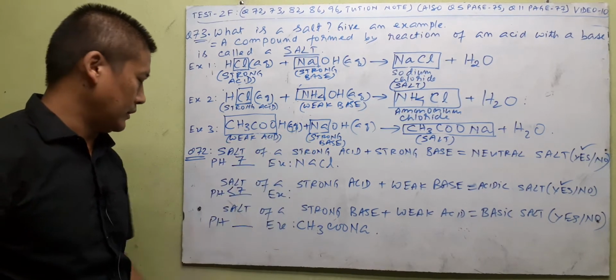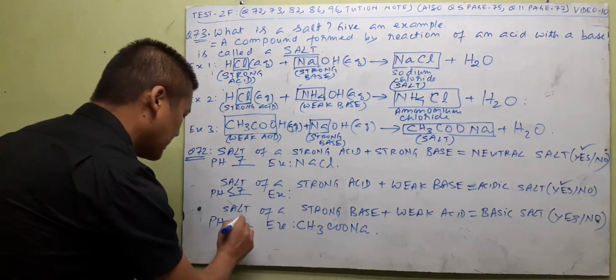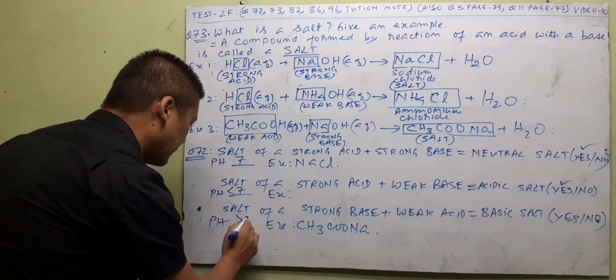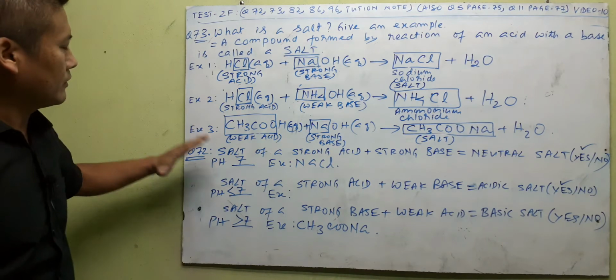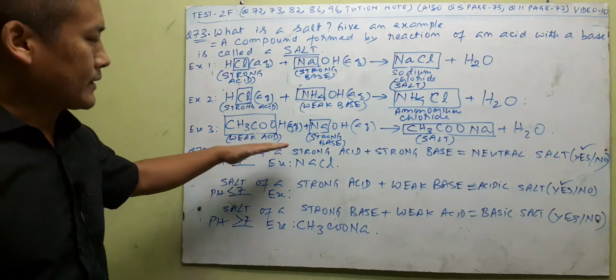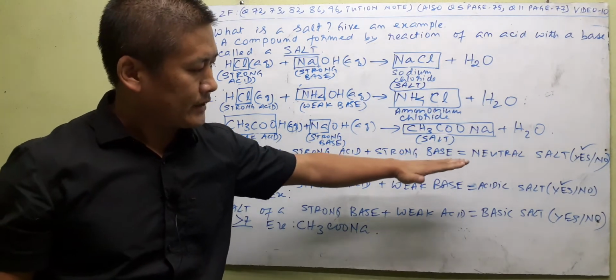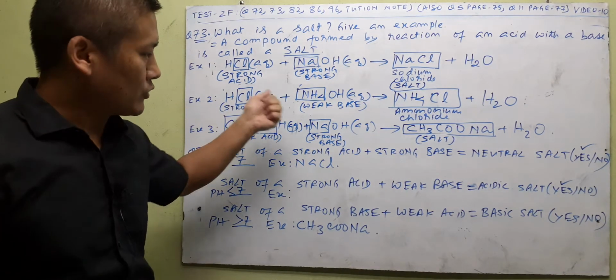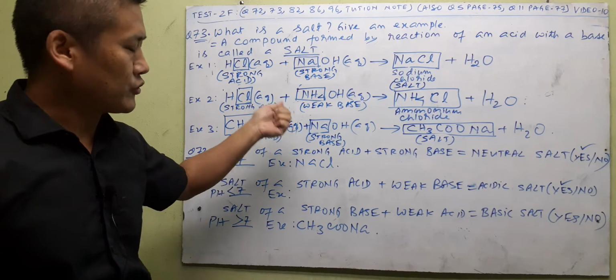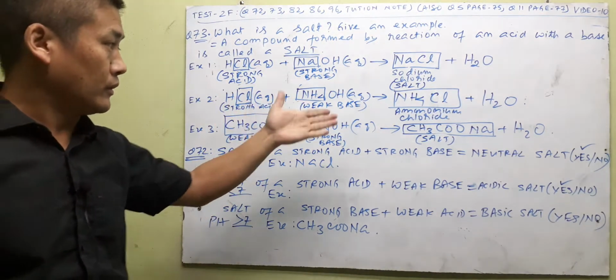Because it is basic, pH will be greater than 7. Anything basic is greater than 7. So salts can be classified into 3 types: neutral, acidic, and basic salts, depending on the types of strong or weak acids and bases the salt is formed from.